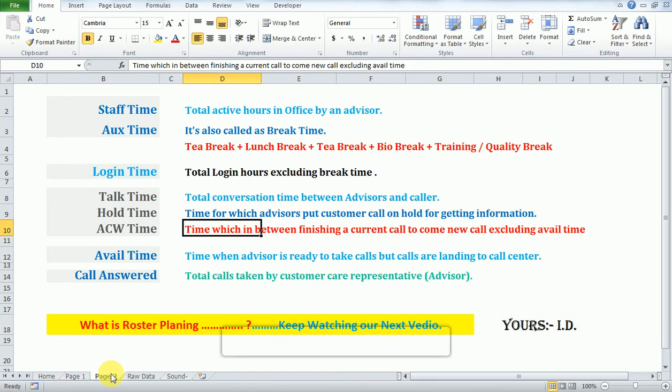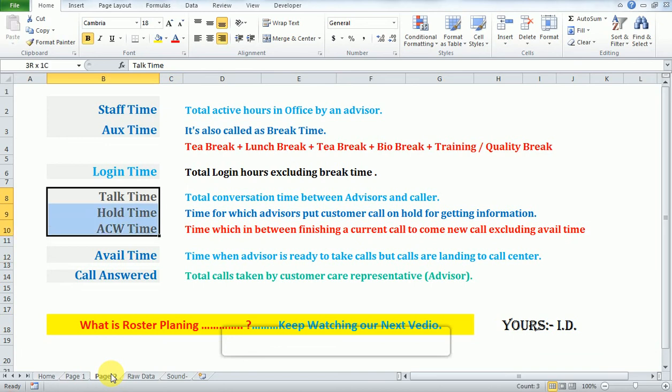Now I talk about avail time. What is avail time? The time when the advisor is ready to take calls but calls are not landing to customer care. So that is called avail time. So friends, now you know talk time, hold time and wrap time. It is also called AST time. So what is AST?